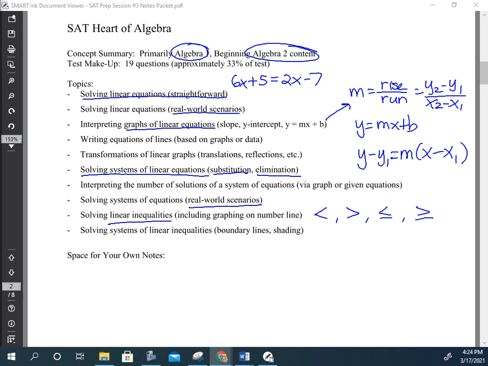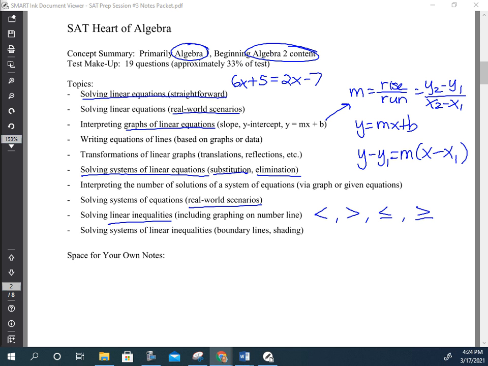So let's look at a couple of problems just to get our feet wet with what some of these types of SAT problems would look like. This document was already posted to Google Classroom, so those of you who are able to just pull it up on your Chromebook, feel free to do so. For those of you who are using a device that is not a Chromebook, I will do my best to make the document as clear for you.